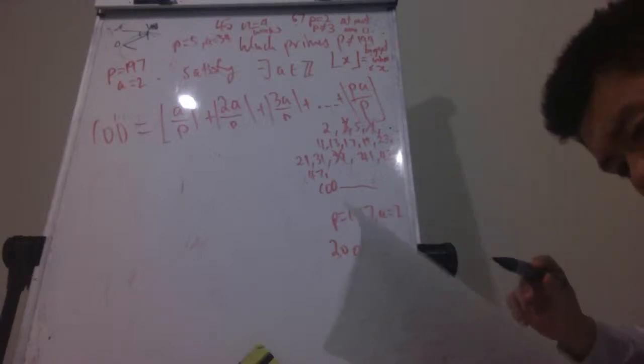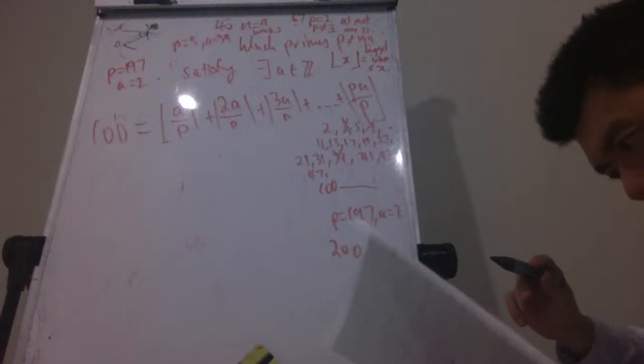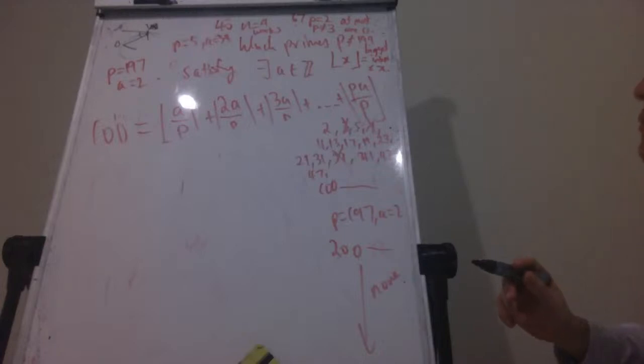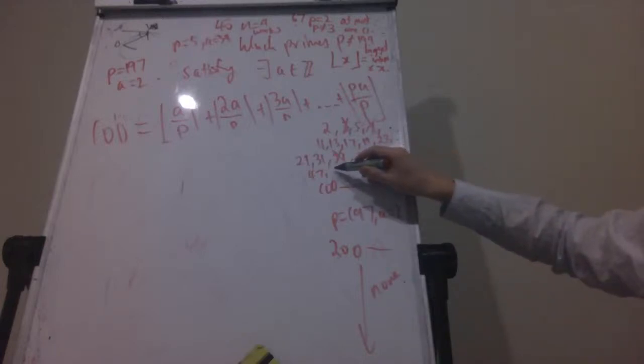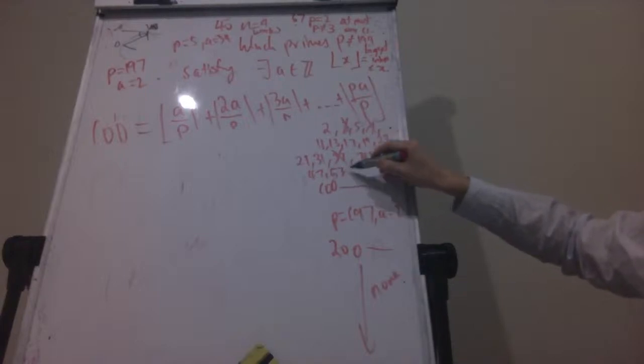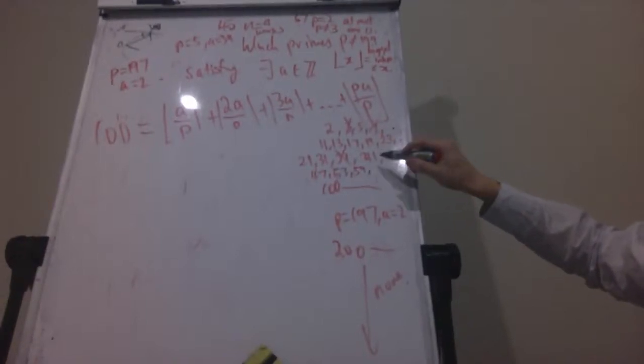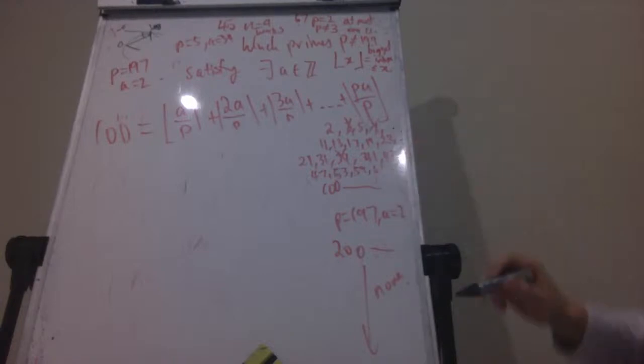Let me say something here. 53. No, 59. I think you might be able to eliminate.